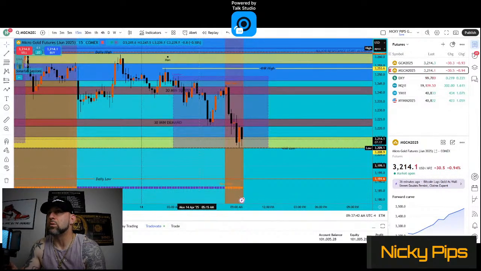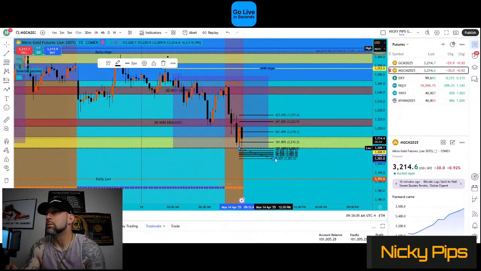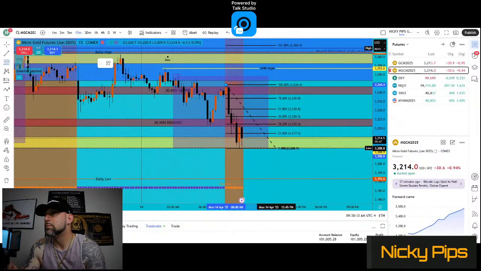Another thing we can do, because we see this, is take out a fib. You can go from the top of this 4-hour high, or even here rather, and go all the way down, a long way, to this low.